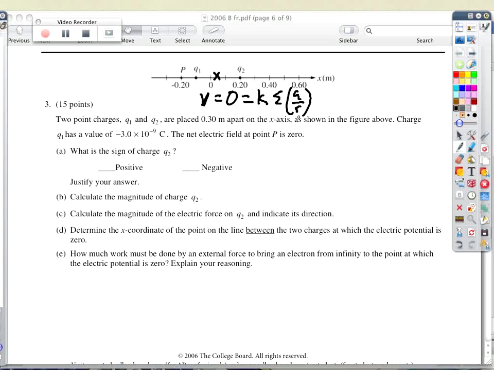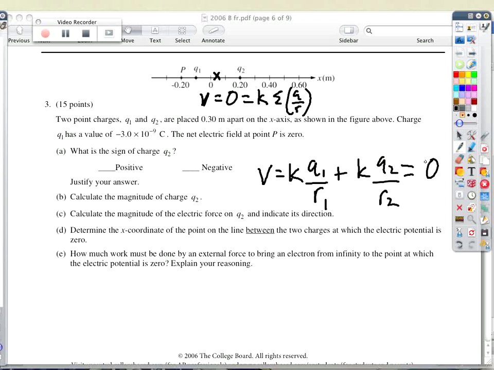That's what V is. And we want that to be 0. So we're going to say V is equal to K Q1 over R1 plus K Q2 over R2. Right? We want that to be 0. The electric potential is 0.